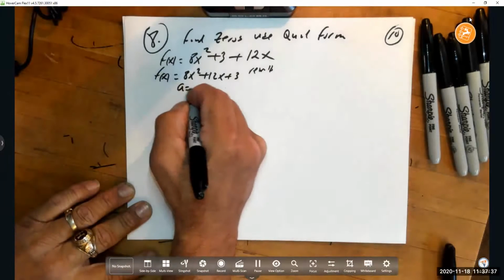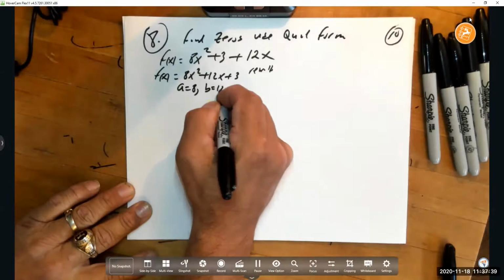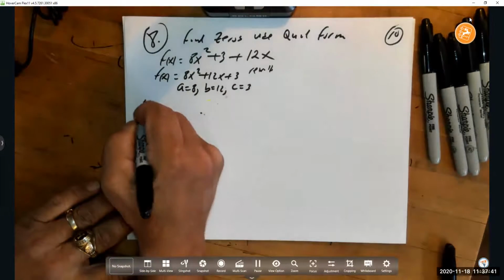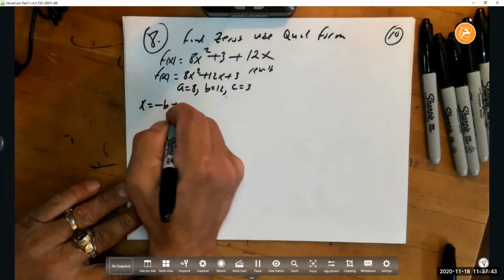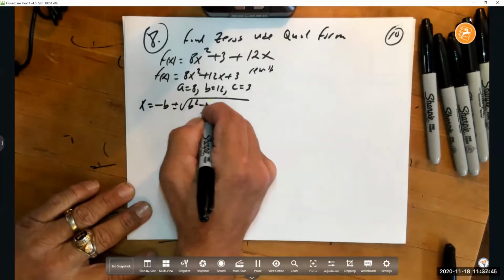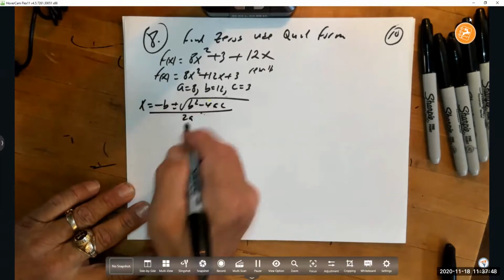So now a is 8, b is 12, c is 3. It's the quadratic formula: negative b plus or minus the square root of b squared minus 4ac, over 2a.